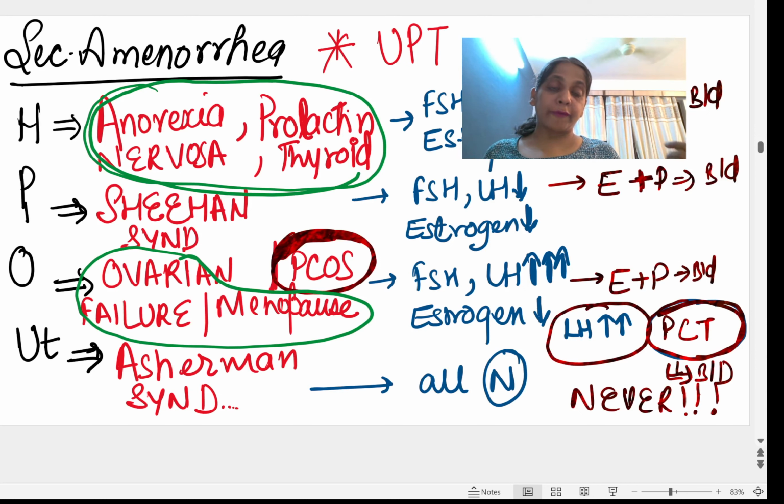This high dose levonorgestrel prevents the implantation, and thereby conception does not occur. The dose which we give is 1.5 mg. You have to remember, questions have been asked on it many times.